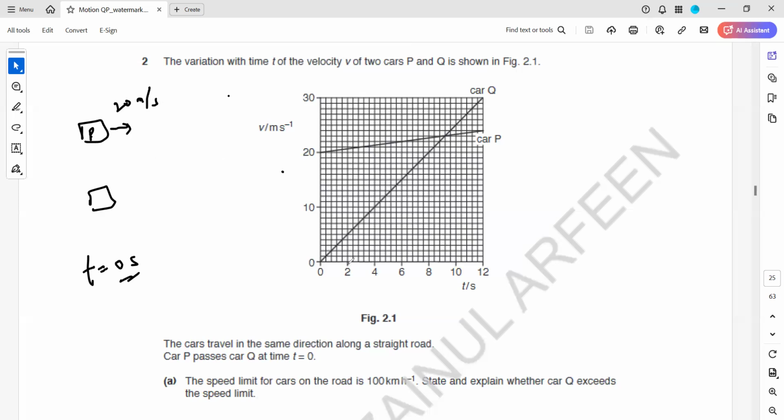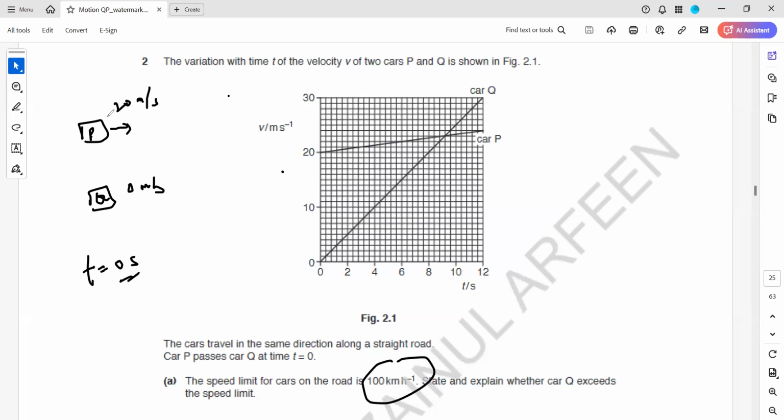And the speed of car Q was 0. The car Q did not start. The acceleration of car Q is more than the acceleration of car P, as you can see from the steeper gradient for Q as compared to that of P. The speed limit is 100 km per hour.